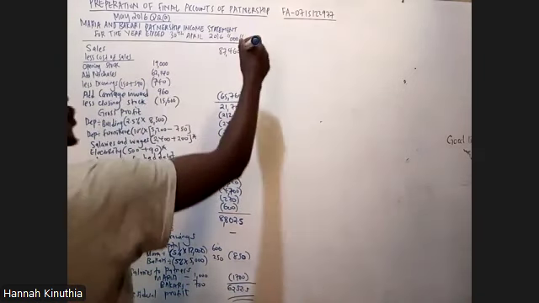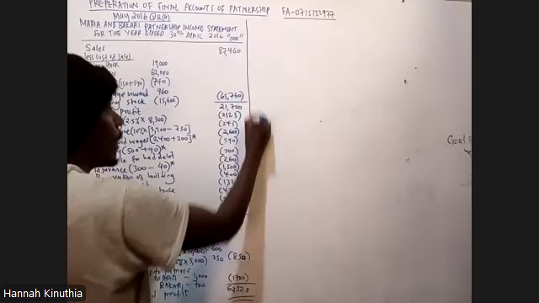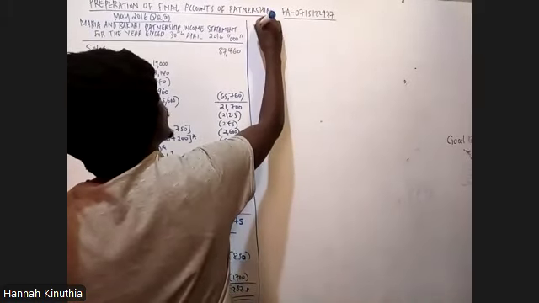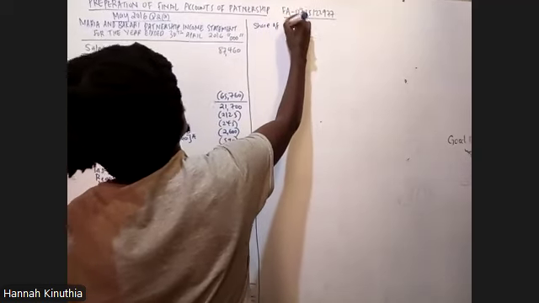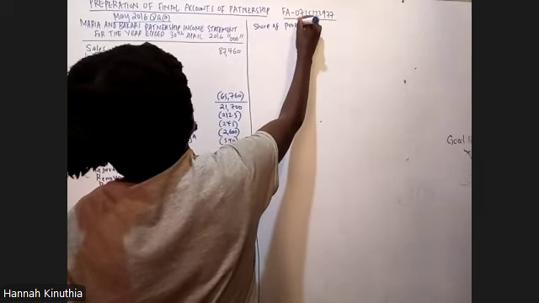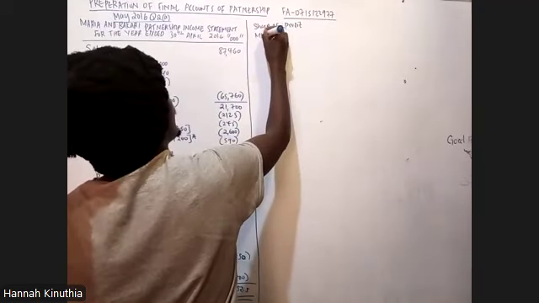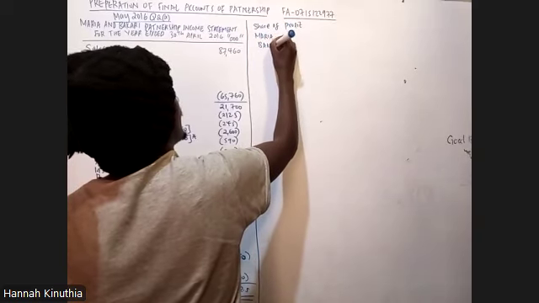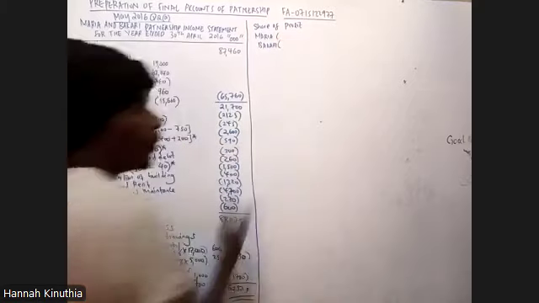Now share of profits. So we have Maria and Bakari. So share of profit iko pale juu.